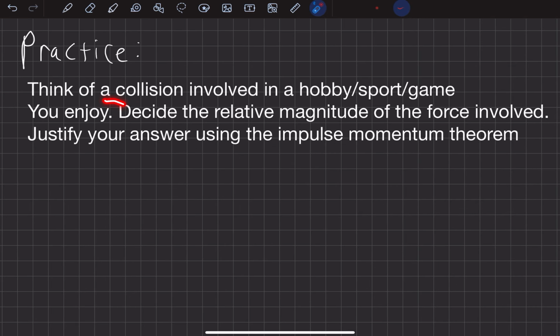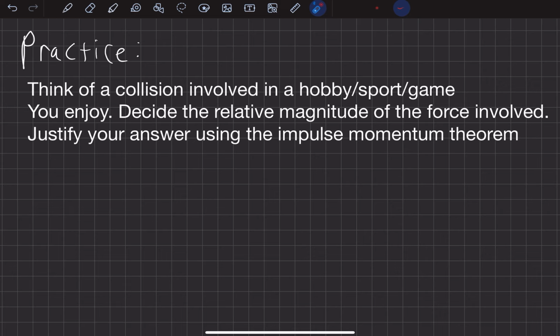You're going to think of a collision that's involved in maybe a hobby, a sport, a game that you enjoy, maybe a scene in a movie. Anything that's not an airbag, because I've already done that one. So pick something else related to a hobby of yours, or a sport, or a game, or like I said, maybe a movie scene or something you enjoy.